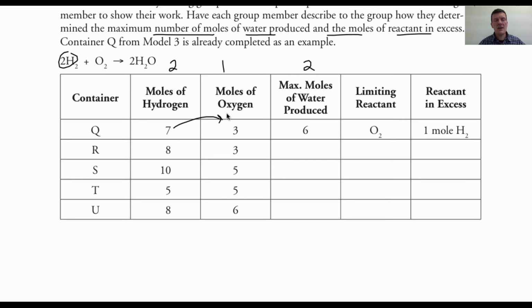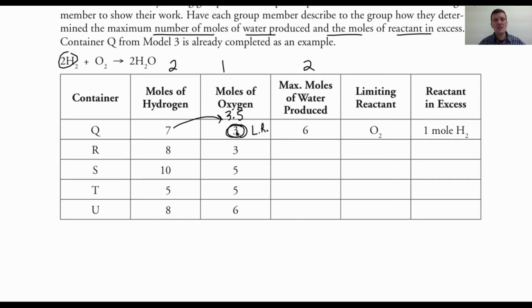I would need half of 7, which is 3.5. Do I have 3.5? Nope, I only got 3.